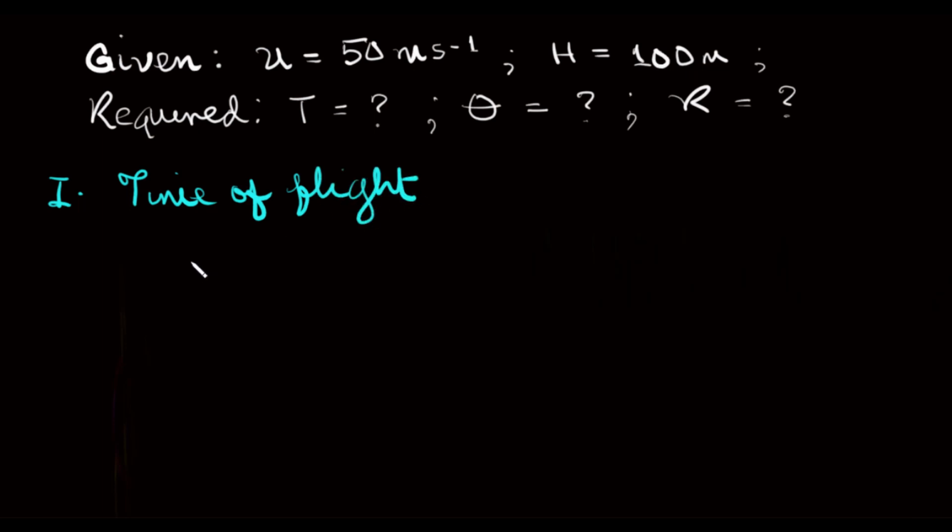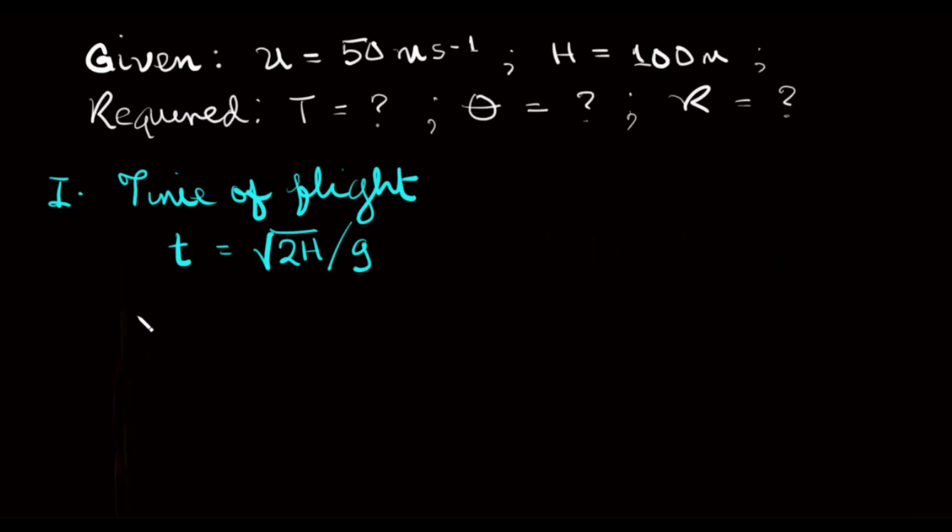To calculate the time of flight, we first calculate the time it will take the stone to get to its maximum height, or the time it will take the stone to fall from its maximum height to the plane of projection, using the formula T equals square root of 2h over g. Since we are only given the height, we don't know the angle of projection, so we cannot use u sine theta over g.